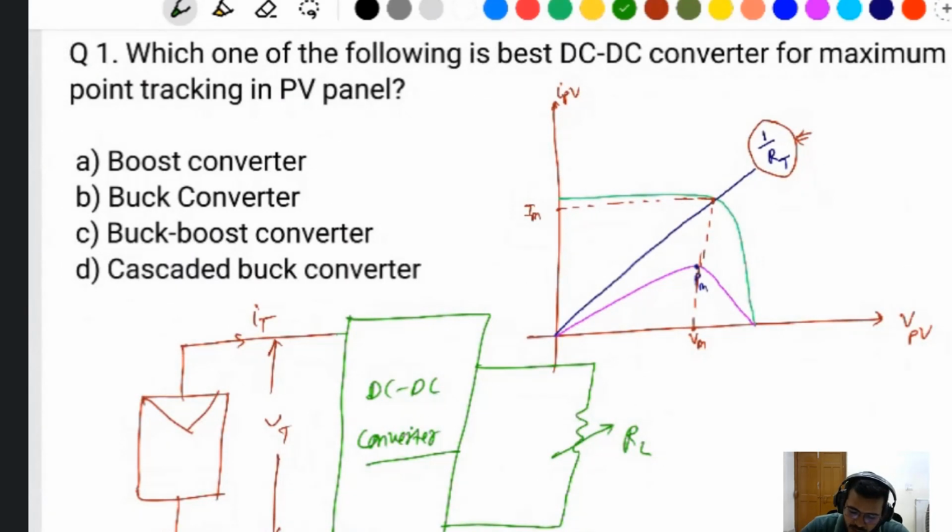But the question is asking which one is the best DC converter. It depends on the region where you operate your PV system. Buck, boost and buck-boost converters have different operating regions.